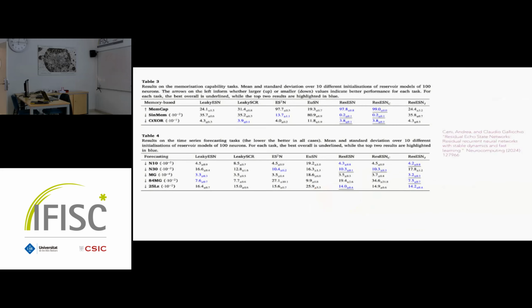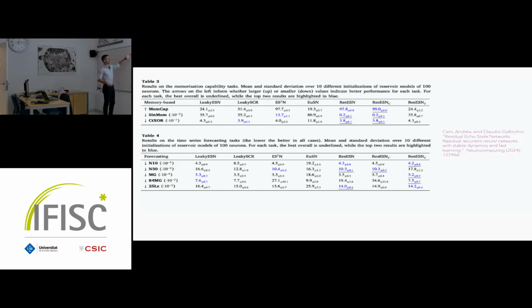Okay, so how do these guys perform in applications? Of course, much better than echo state networks. We found that on applications requiring a form of non-linear short-term memory, residual echo state networks provided very, very good performance. This is like conventional or less conventional forms of memorization tasks, like memory capacity or memory capacity modulated by signs or some other forms.